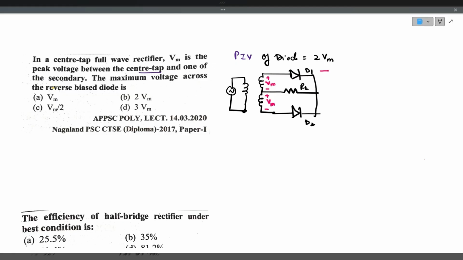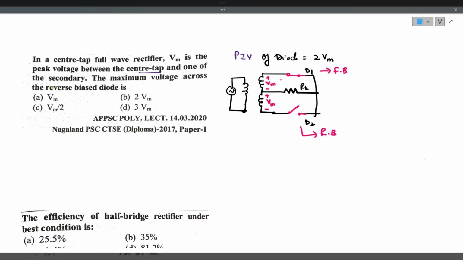So diode D1 acts as a forward biased closed switch and D2 acts as a reverse biased open switch.